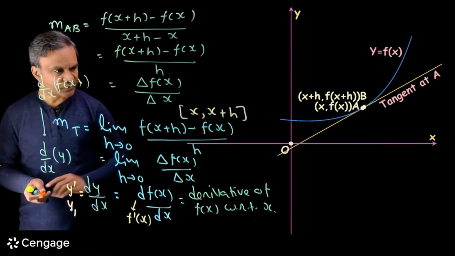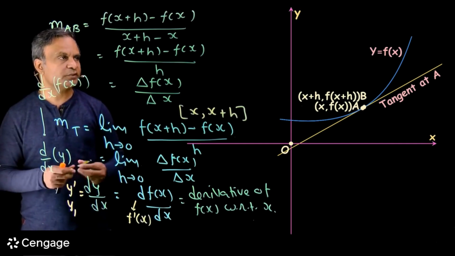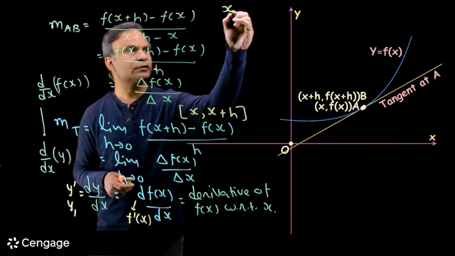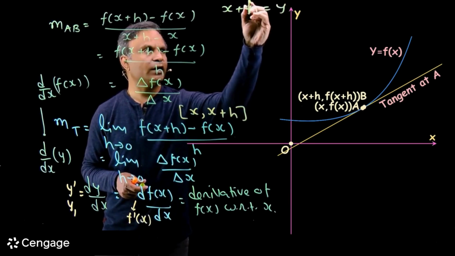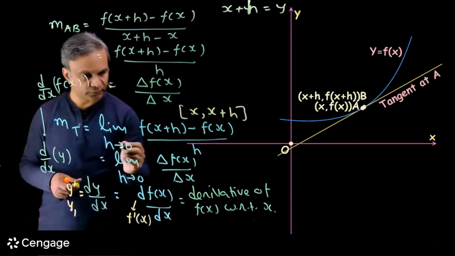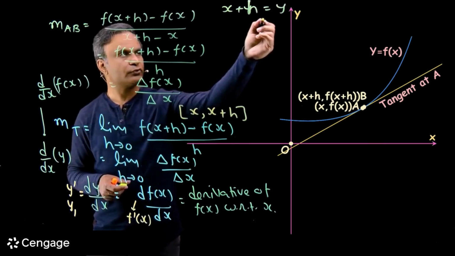Okay, now in this, if you replace x plus h with y, x plus h is now y. Okay, then this limit changes: when h approaches 0, y will approach x.